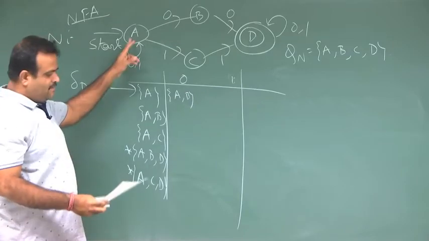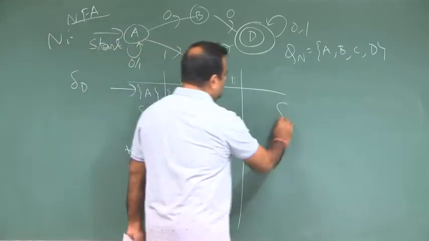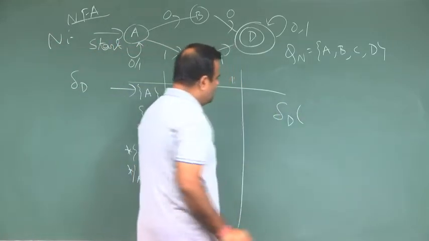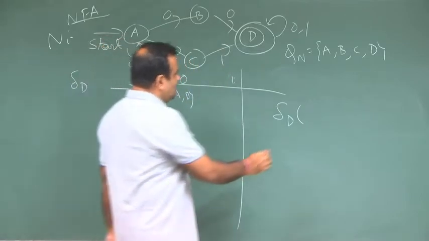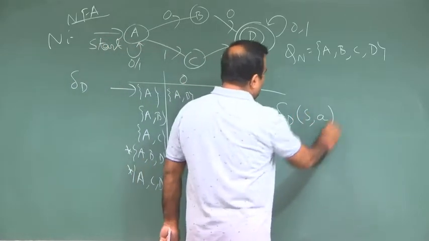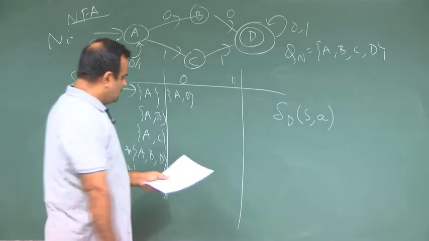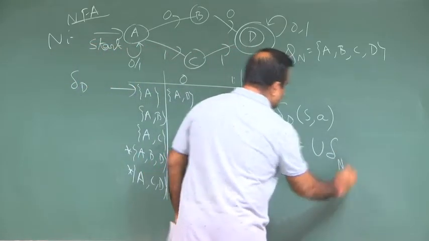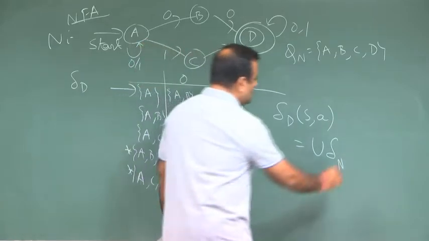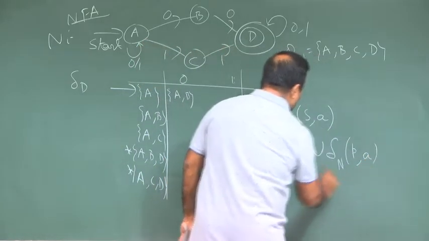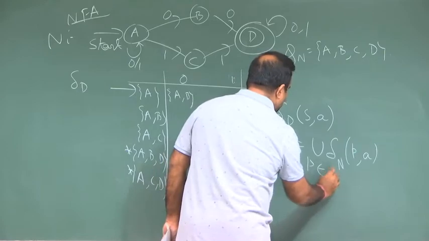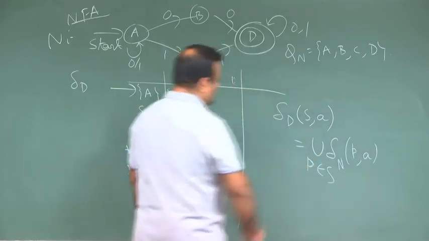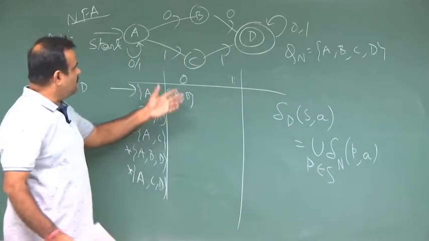So, the rules are the same. Basically, delta D of a subset S comma A is nothing but the union of delta n of P comma A, where P belongs to S. So, this is the way we construct this.